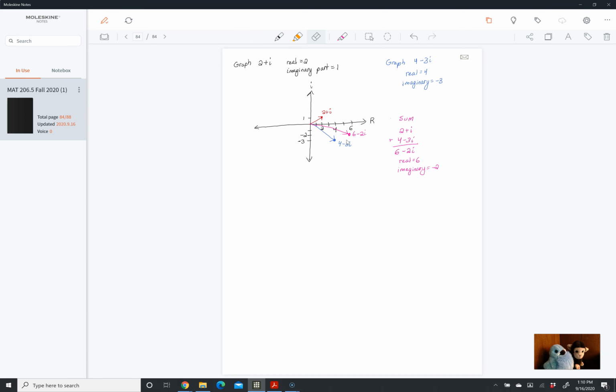I won't graph them as vectors, I'll just graph the points. So I'll do these in a different color, let's do these in brown. Okay, so just some other examples.